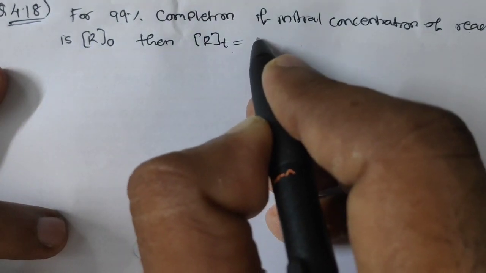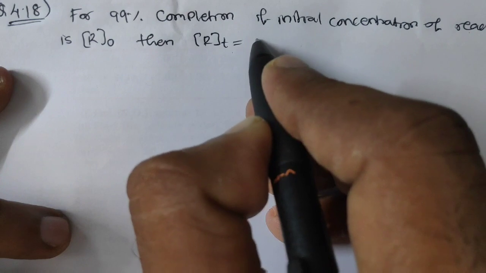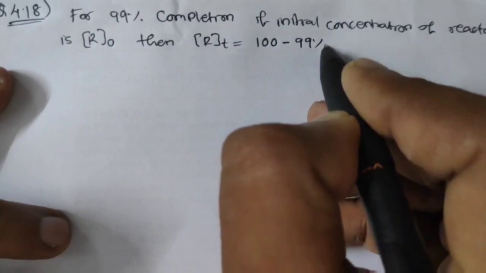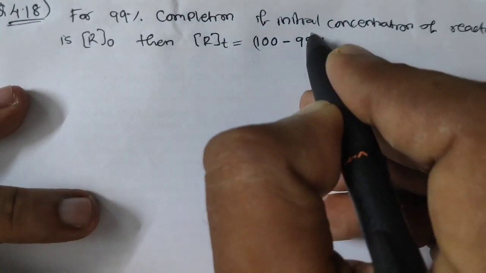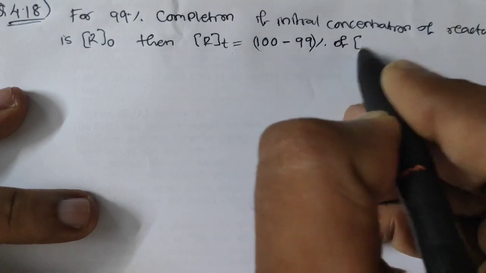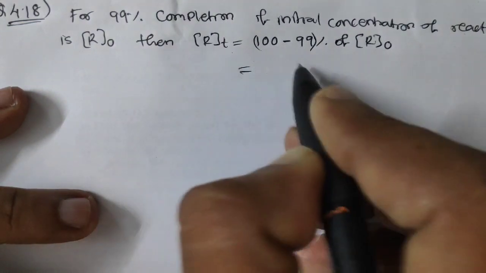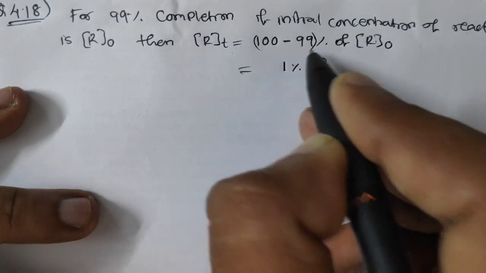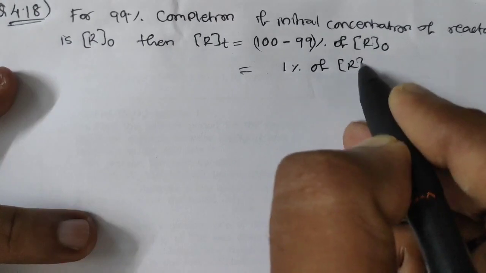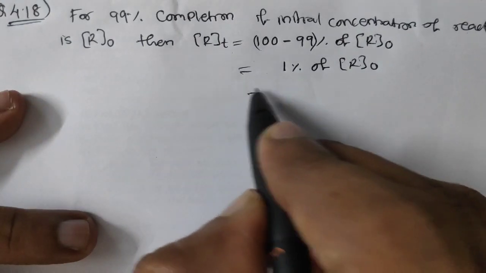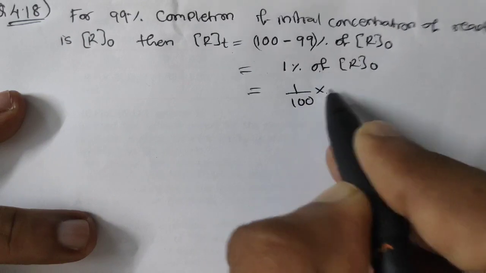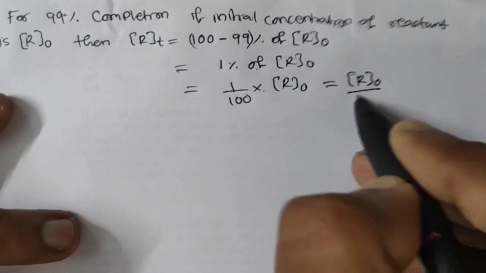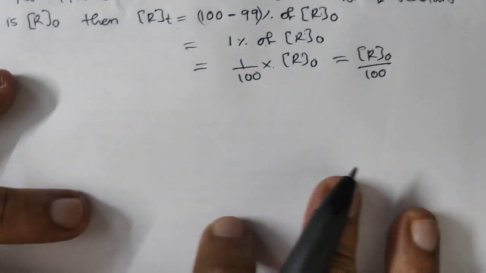For 99% completion, Rt will be R0 minus this, or you can directly write 100% for initial minus 99%. What we say is 100 minus 99% of R0, which is equal to 1% of R0, that is left out. So which is 1 by 100 of R0, which is equal to R0 by 100, right? So Rt is R0 by 100.